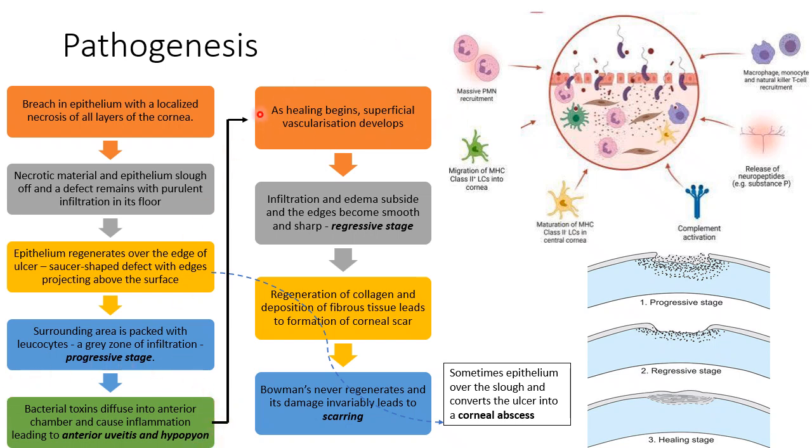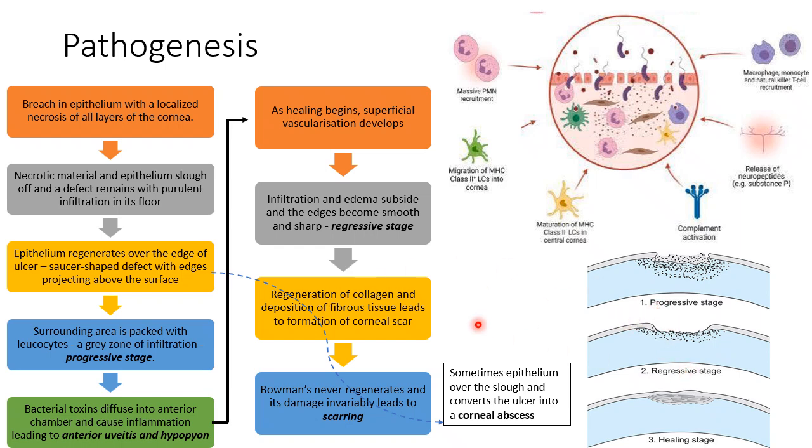So as I was talking about healing, as healing begins, superficial vascularization develops, infiltration and edema start reducing, and the edges become smooth. So look at this now. You see how the edge has smoothened out from this jutting margin. It has become a smooth, sloping edge, and the infiltrate has reduced. Clinically, you will see this as a decrease in the size of the ulcer as well as the infiltrate.